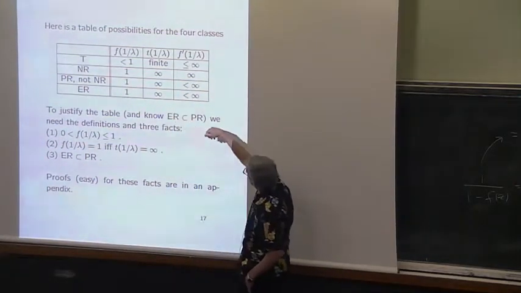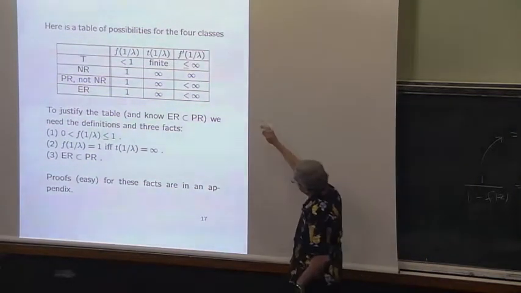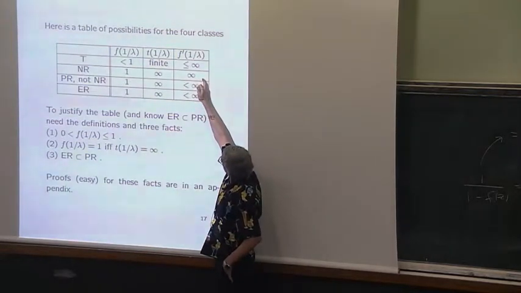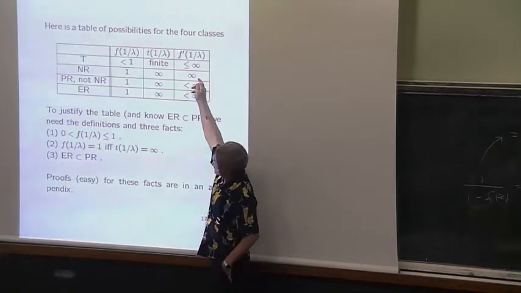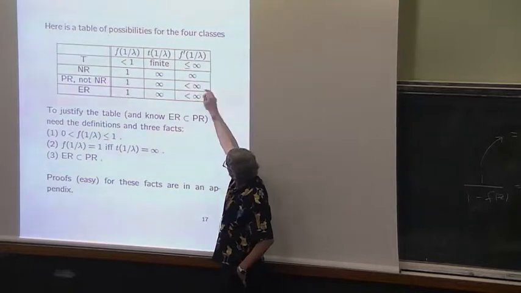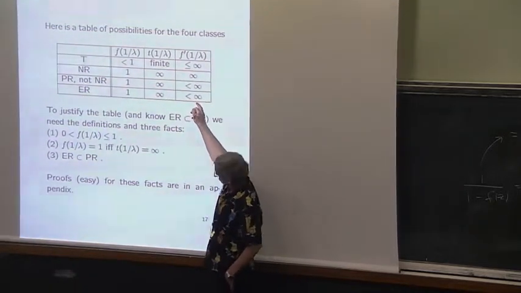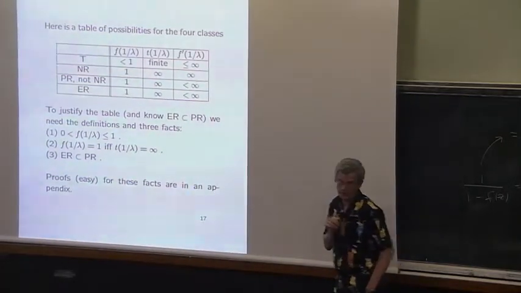The second column is the definition. What about the last column? For null recurrent, for the derivative to be infinite for null recurrent, that's the definition. Finite for positive recurrent, that's the definition. And it's a fact that, again, we can check that exponentially recurrent is in particular positive recurrent.